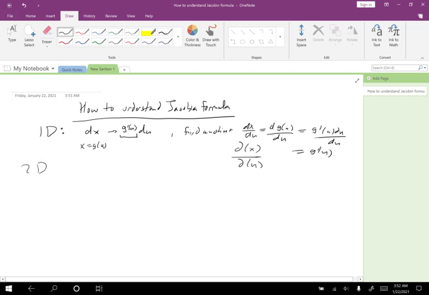So now let's look at 2D and try to use that quotient method. So dx dy divided by du dv. This will be the Jacobian. Okay, so now we're just going to expand.